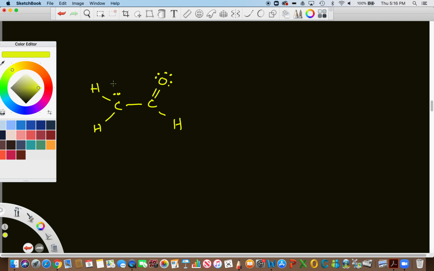So now I have another one. And I notice I got too many oxygen electrons on my oxygen. That's okay. So there is the correct structure. Right now, everything has 8 around it. I have an electron pair here.